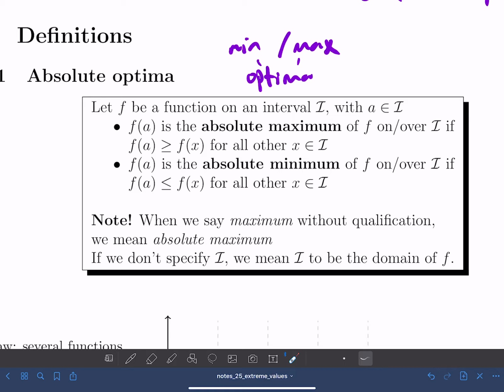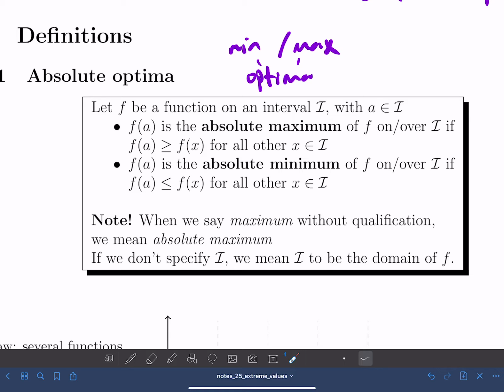We're going to call f of a the absolute maximum over I if f of a is bigger than all other f of x's for every single x inside of the entire interval I, because you can't find anything bigger than it. Note the inequality right there allows equality. It's not strict. So it's possible that this value is achieved multiple times.